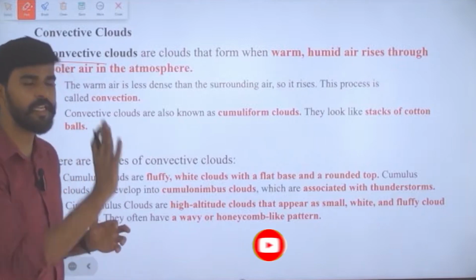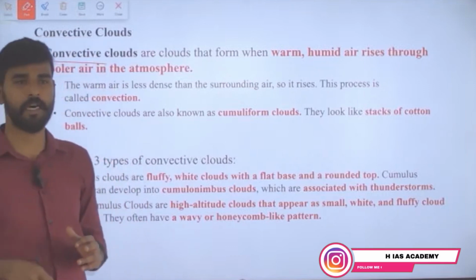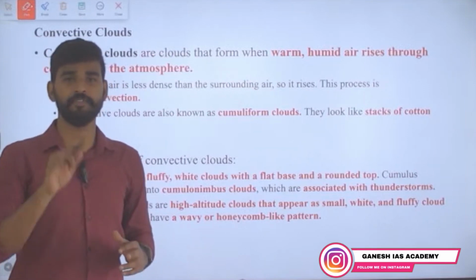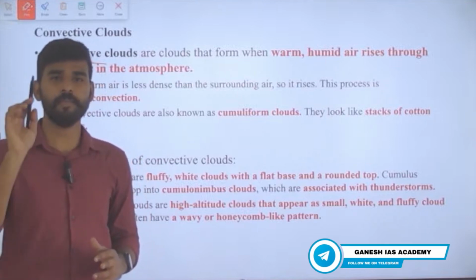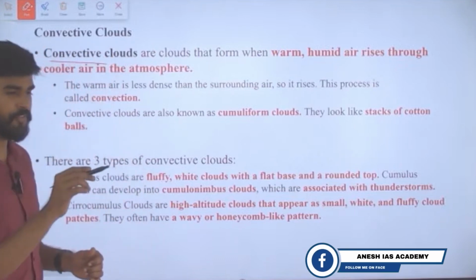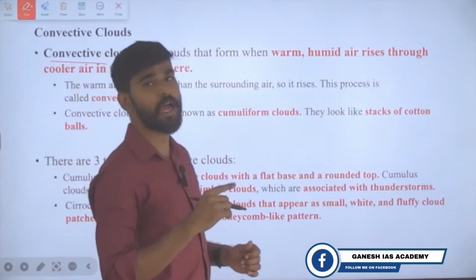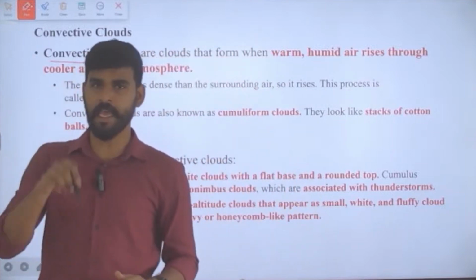Convection is the vertical movement of air, either upward or downward. If there is a movement of wind or air vertically, then that is called convection. If it is horizontal, then that is called advection. That is called wind. Actually advection is wind, this is air movement.